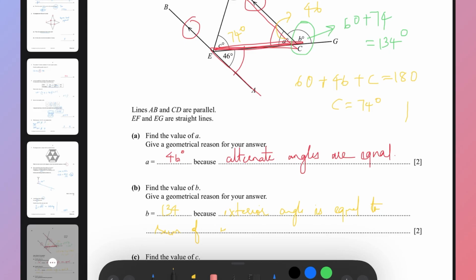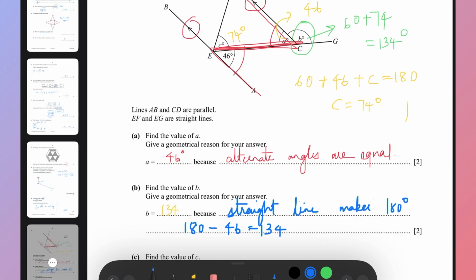Or you can do it like this also, student. Wait a second, I'll try it another way. It's a straight line, right? So A is what? A is 46. So subtract it, you'll get the same answer. Okay. So you'll write, because a straight line makes 180 degree. So 180 minus 46 is 134 degree.